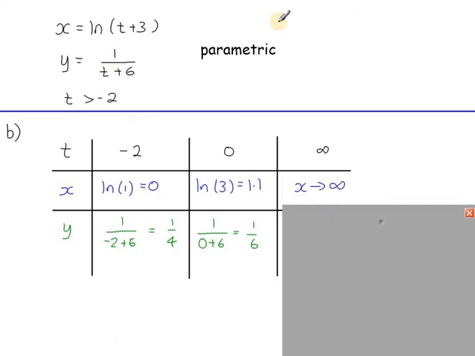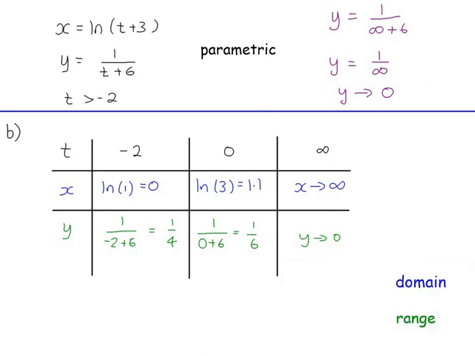We do the same for the y equation, so y is equal to 1 over t, which is an infinitely large value, plus 6, which simplifies to 1 over infinity, because infinity plus 6 will just give you another infinitely large value. It means y is approaching 0. You can try this on your calculator. If you do 1 divided by a very large number, you'll see that you get something very close to 0, or perhaps 0 as well.